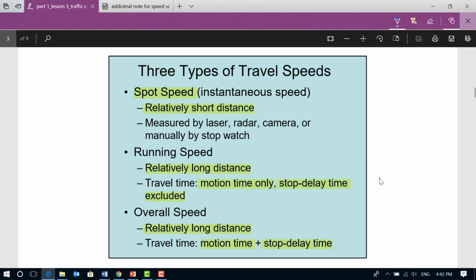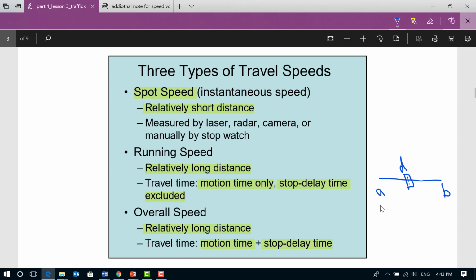Let's assume we have a distance represented by d, and that's your starting point A, and that's your end point B. There is also a signal in the middle. You have to memorize, is the top signal green or red? It's up to you to check by yourself.